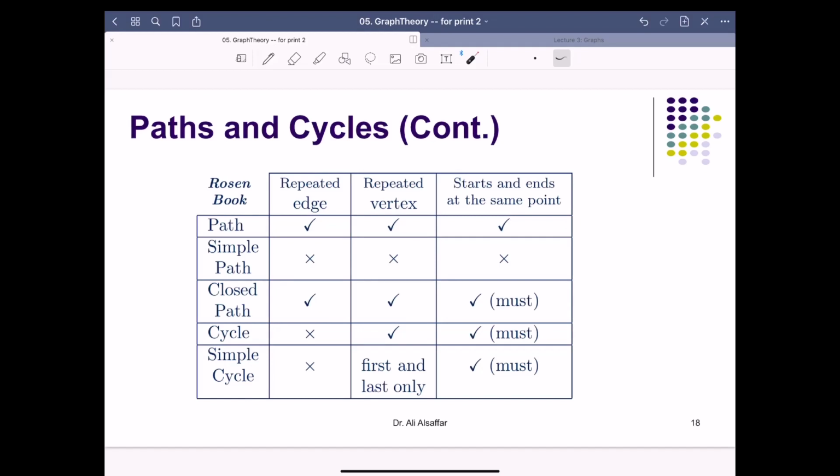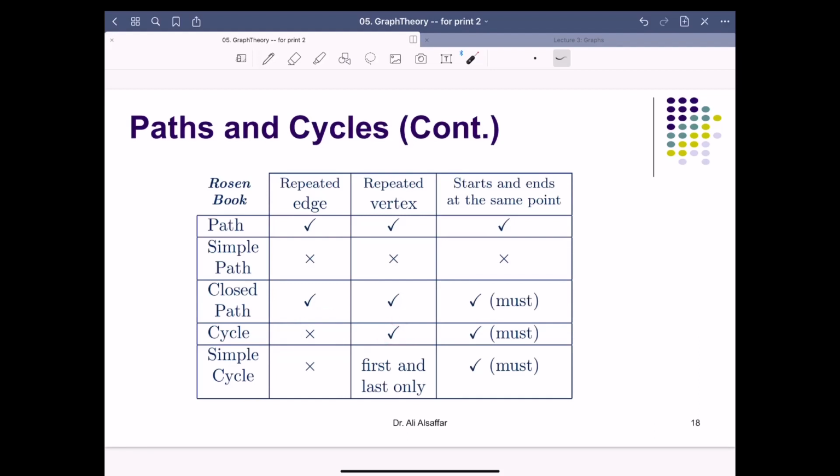That means if you have a path with no repeated edges, not necessarily are the vertices not repeated. Now, for a closed path, it should start and end at the same point. And again, like path, you are allowed to have repeated edges and repeated vertices. Now we come to cycle. The definition says that a cycle is a closed path, but with no repeated edges. And if you don't allow repeated edges, probably you have repeated vertices.